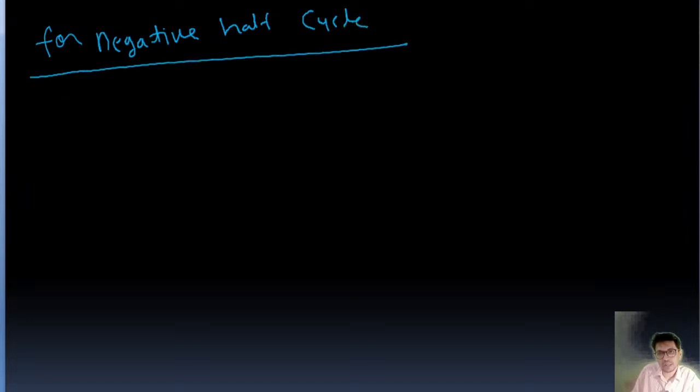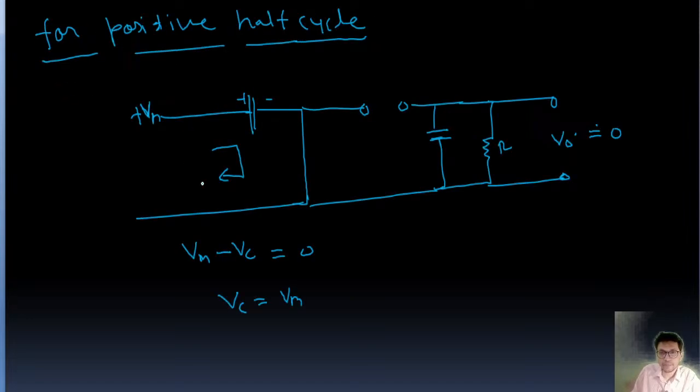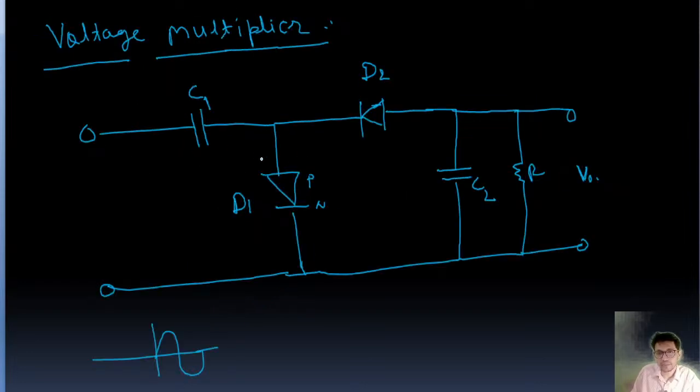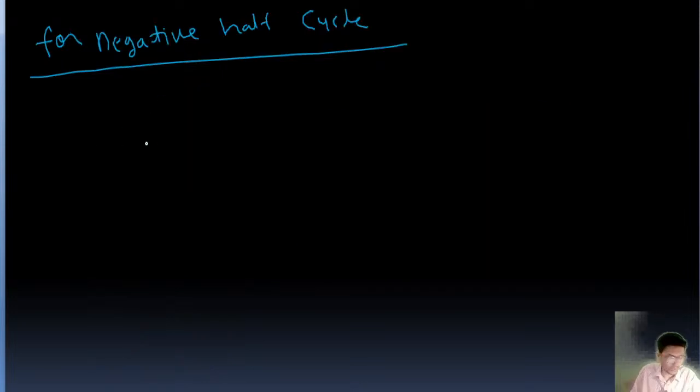For the negative half cycle, negative means D1 is going to be reverse biased and D2 is going to be forward biased. So the circuit is going to be like this. This is minus Vm.